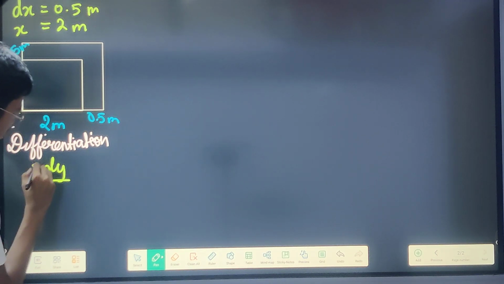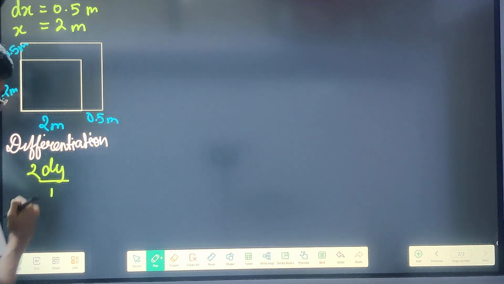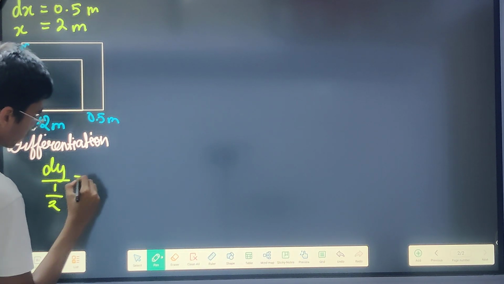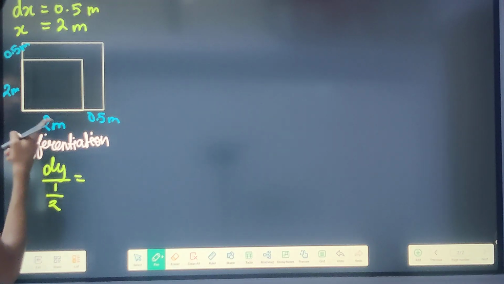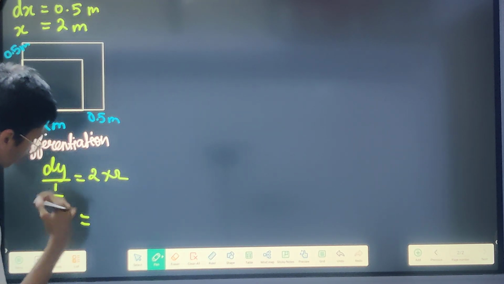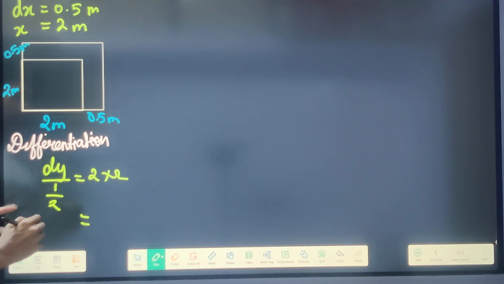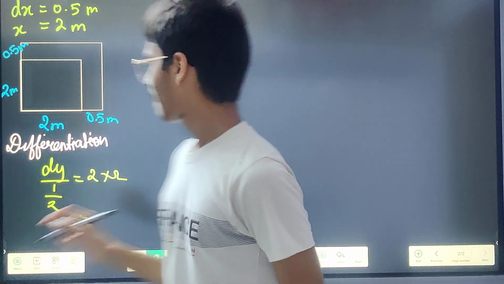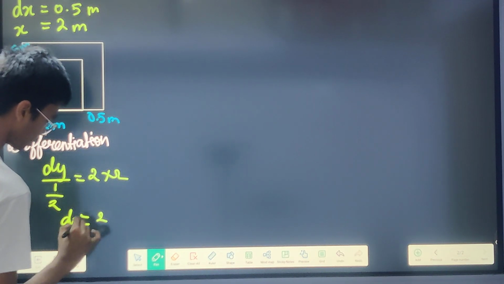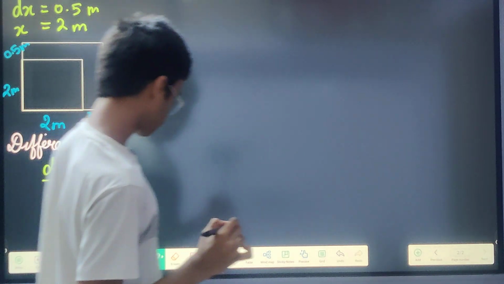So 1 by 2 is equal to 2x. So 2 into 2, so which is equal to, now I'm ready to do the fraction once again. This is going to be 2 only. So dy is going to be 2.